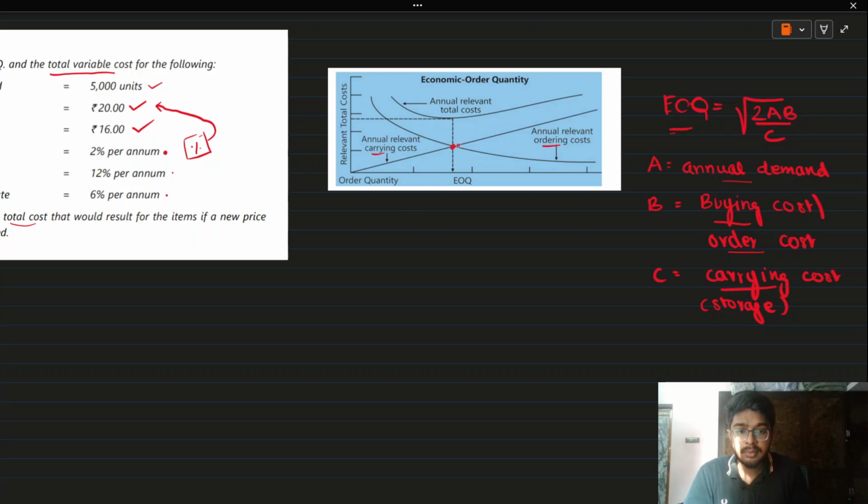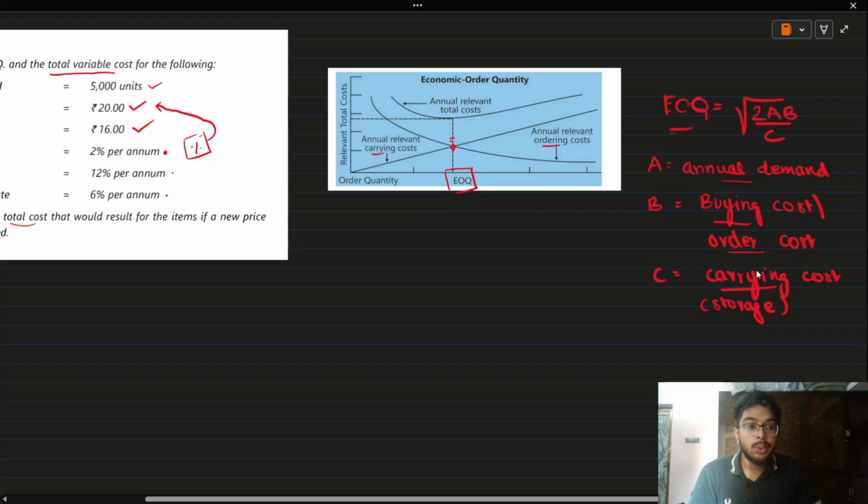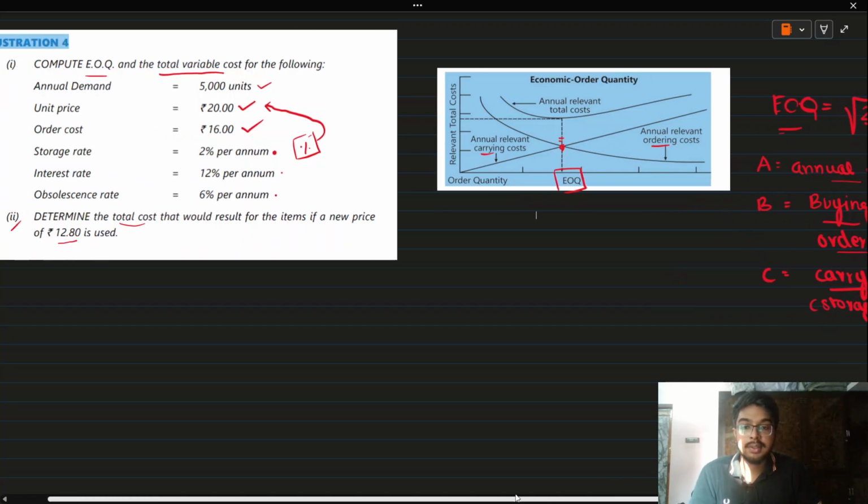It is the point at which both are equal also. EOQ is root of 2ABC, A for annual demand, B for buying cost or ordering cost, and C for carrying cost.